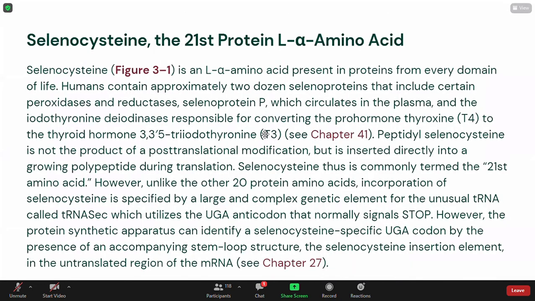Now here is one, selenocysteine. It's the 21st protein amino acid.